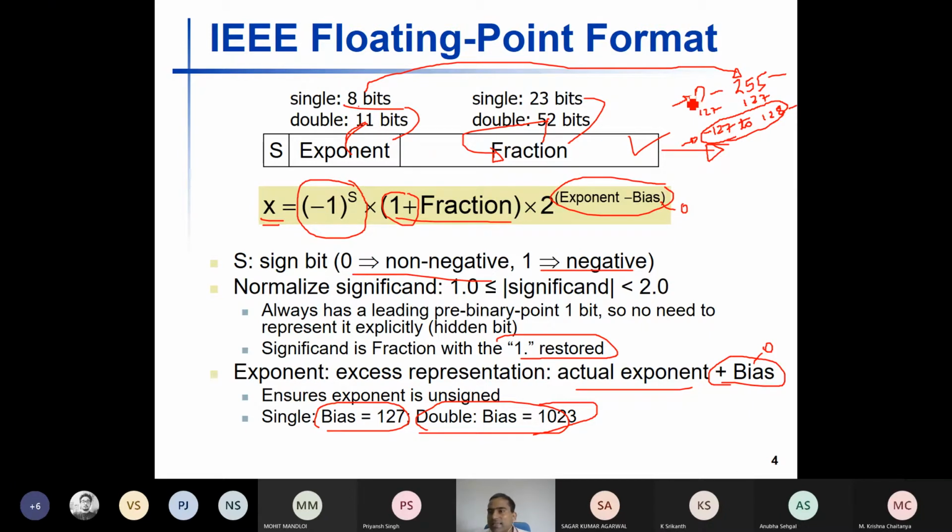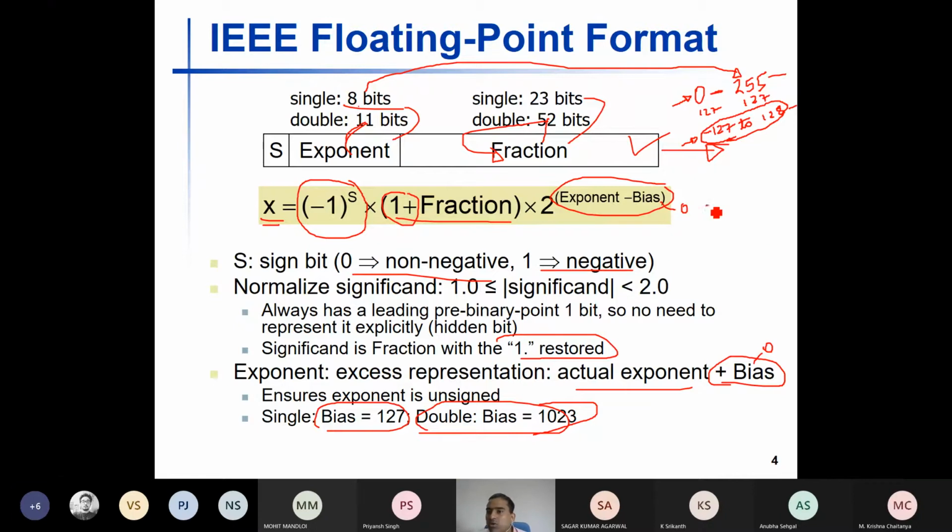So the point is, if I store between 0 and 255, I'm starting with 2 to the power 0 and going up to a very, very large number, but I'm not able to store small numbers. Whereas if I use some bias, I'm sacrificing my capability to store large numbers, but I'm able to store small numbers.